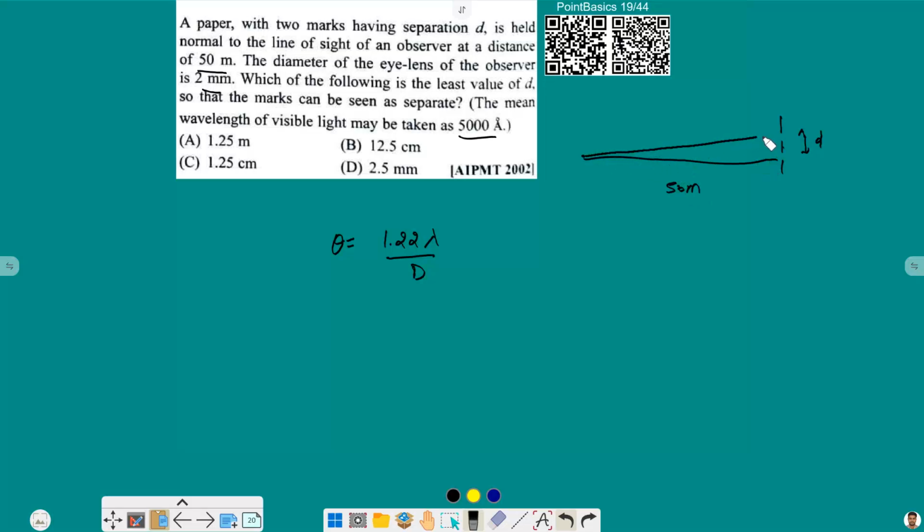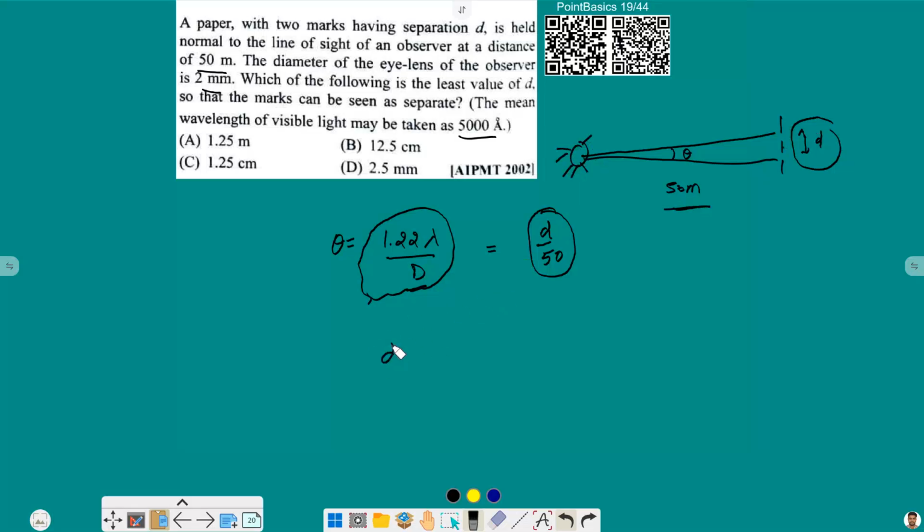So this theta should be equal to small d by 50, and this capital D is the diameter of the eye lens. This formula is related to the eye lens, and this is related to the separation and the distance. Here we have our eye.